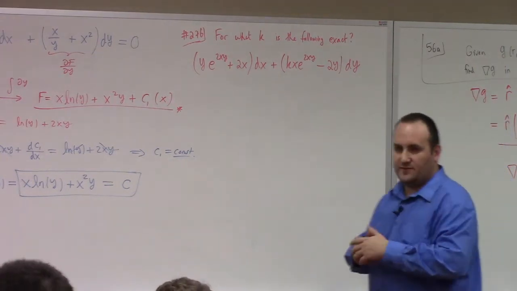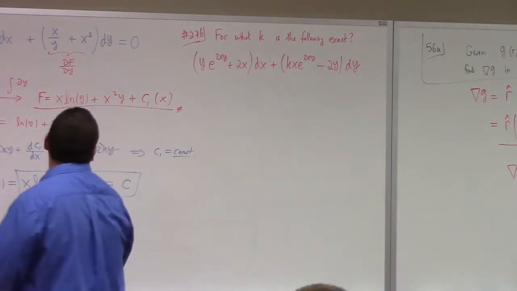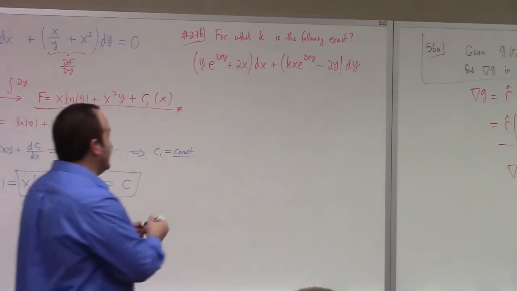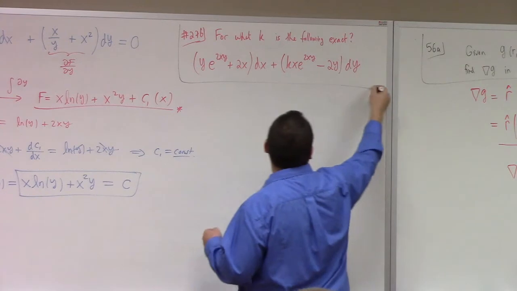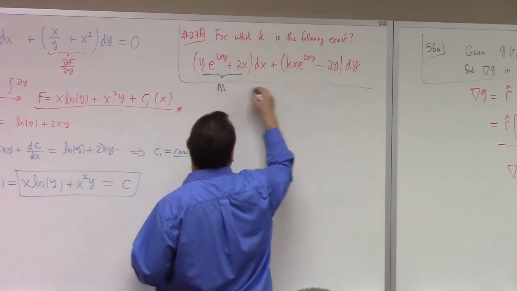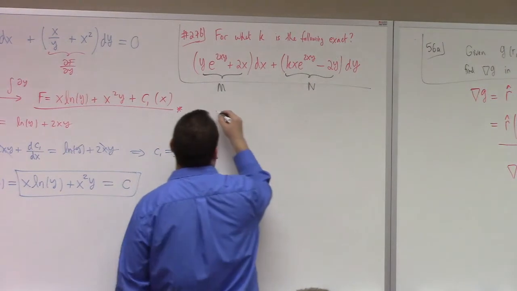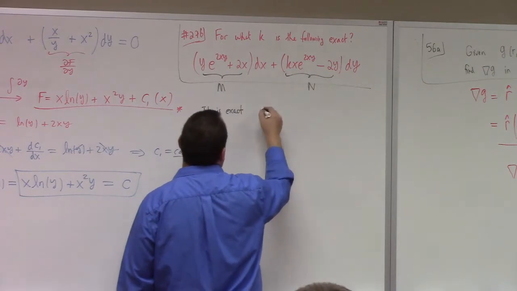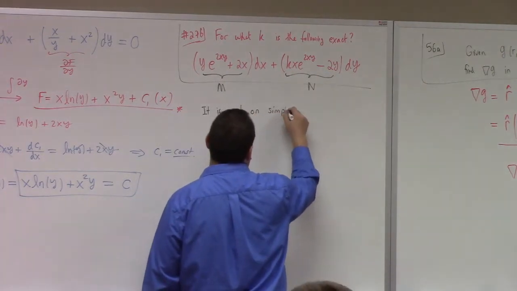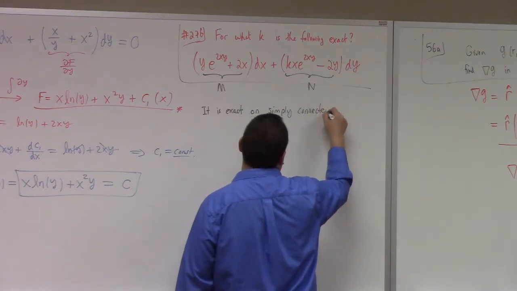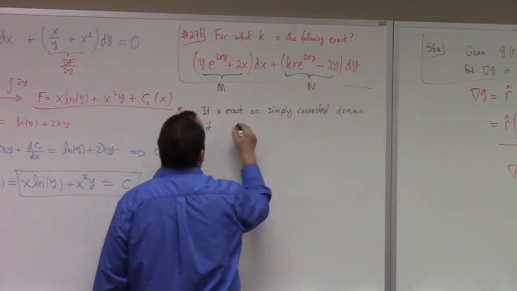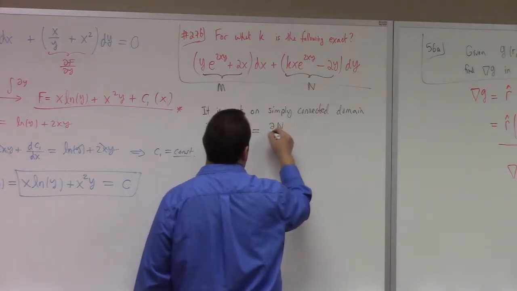So how would you see where it's exact? We have that theorem we could check, right? What was the condition we need for exactness? Remember our little theorem? If this thing is m and this thing is n, then it is exact on a simply connected domain if partial m partial y is equal to partial n partial x.